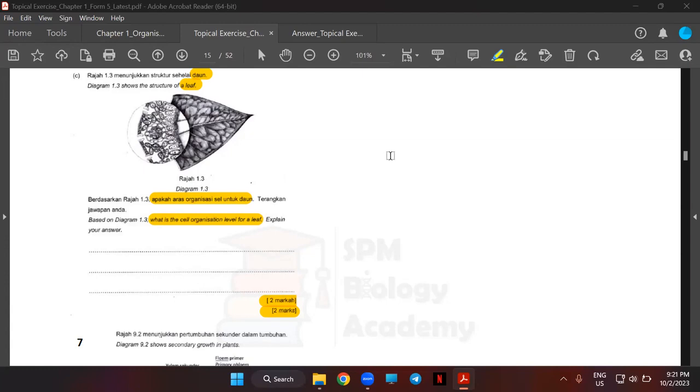Okay. Listen. Bercakap pasal cell organization level, aras organisasi sel ialah chapter 2 form 4. Aras organisasi sel, cell organization level ialah, Prahasinia, tepat sekali. So, cell organization bermaksud adakah ini ialah sel, adakah ini ialah tisu, adakah ini ialah organ, sistem kah?